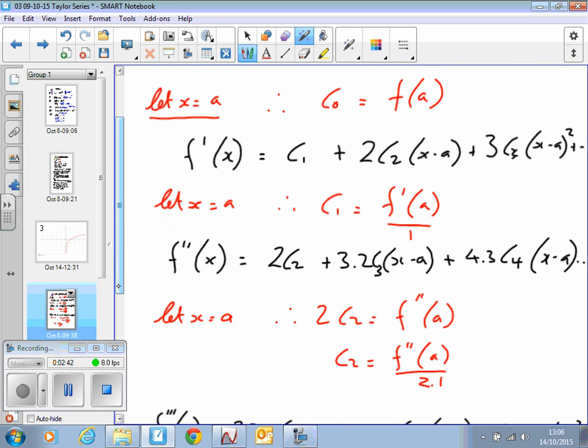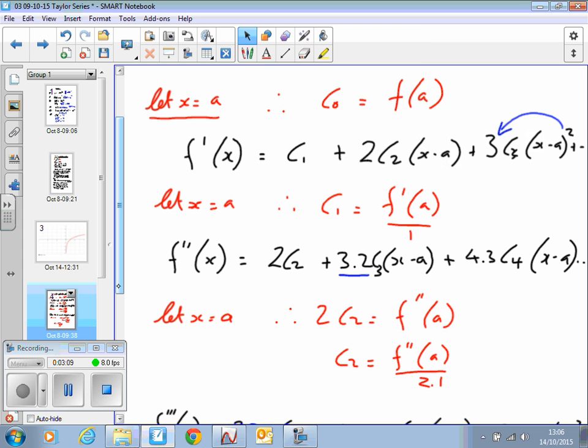Right, now we're after C2, so we differentiate again in the second differential. If you look at this, this disappears, so we're differentiating this now. So that term disappears. Look at this again, this disappears, and we're just left with 2C2 here. Bring the 2 down, it goes in front of there. So instead of working out what 3 times 2 is, we just leave it as 3 times 2.